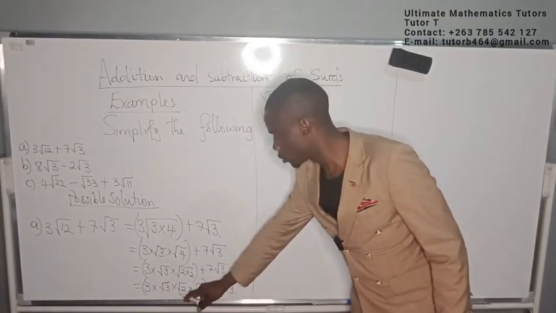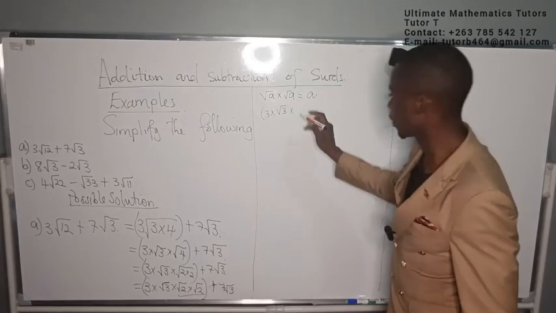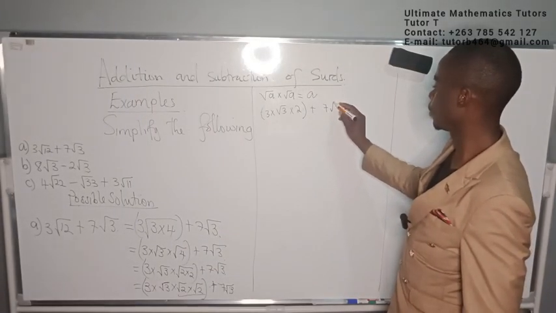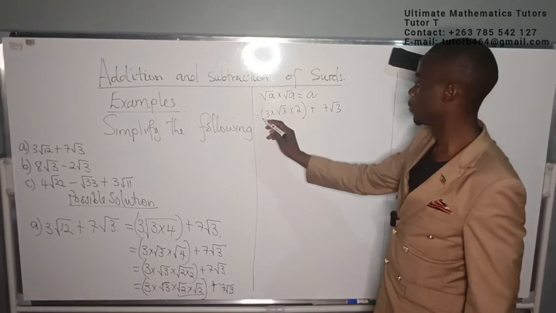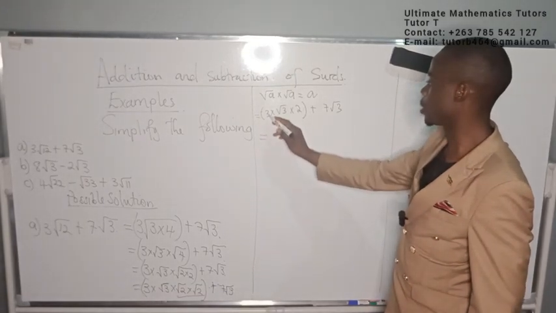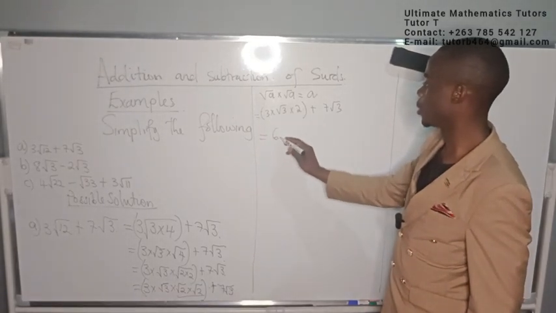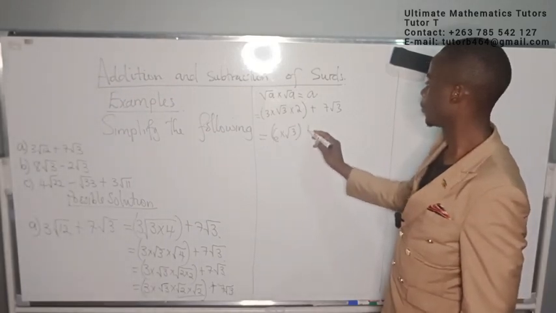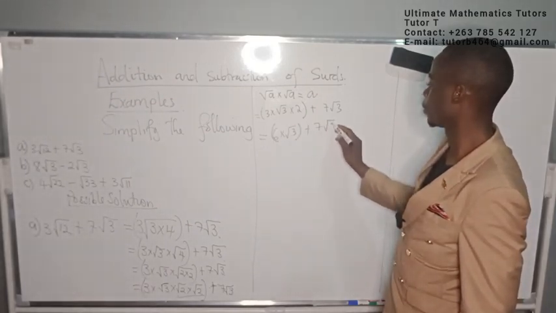Root of 2 times root of 2 will give us 2, so we have 2 times 3, which gives us 6 root of 3, plus 7 root of 3.